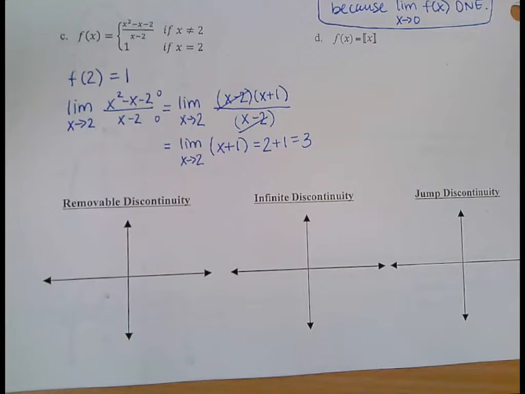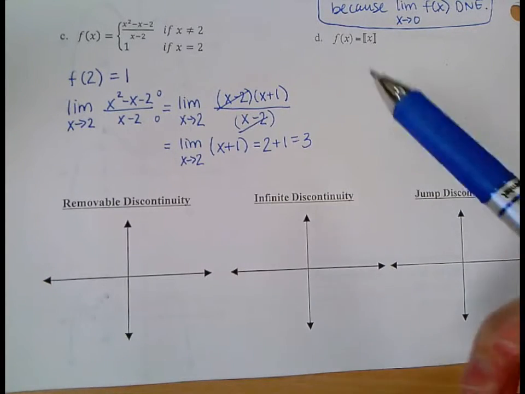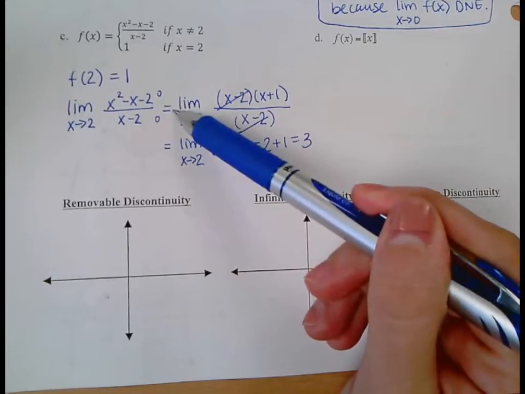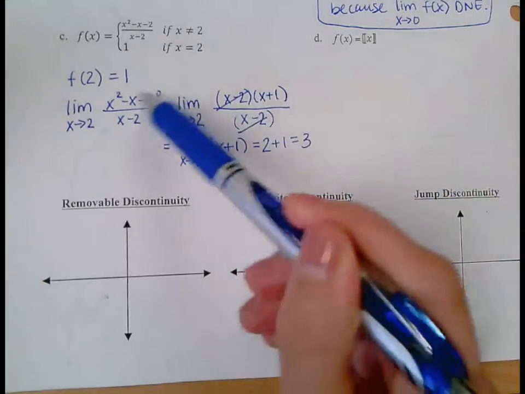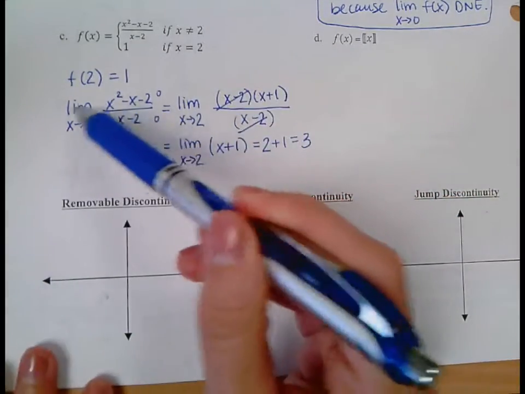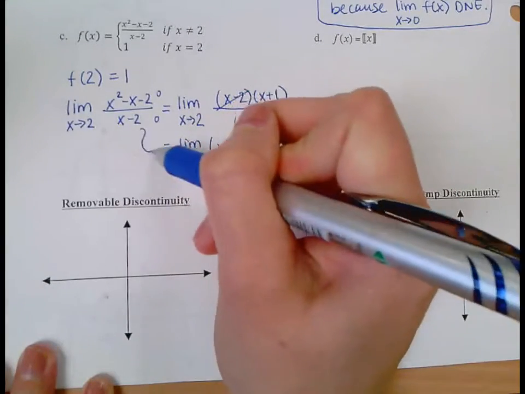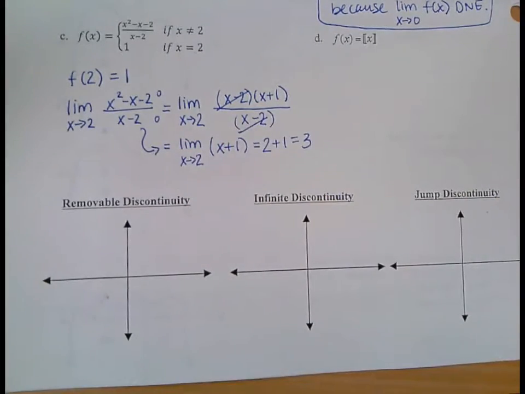So if off to the side, you didn't put equals here, and you just factored it, simplified it, and then went straight from here to here, that is okay. But if you're saying this is equal to something that it isn't actually equal to, they will not give you points. They are very picky, as I've learned. Because your work isn't technically right if you're not writing the limit.